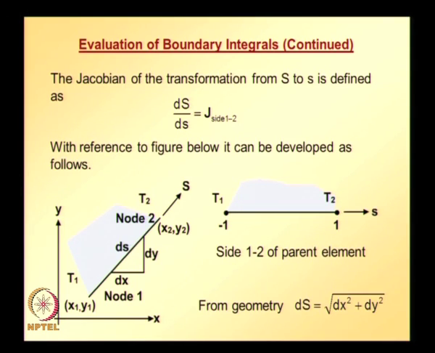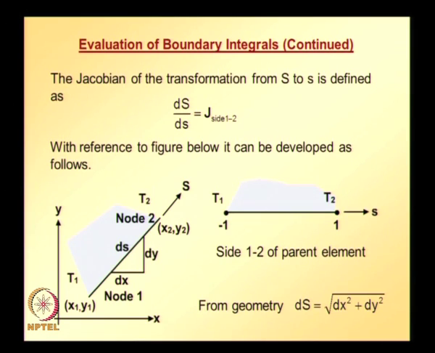We just found the derivative of x with respect to s and the derivative of y with respect to s. So now we have this relation, d capital S equals the square root of dx square plus dy square, from the geometry of the actual element.